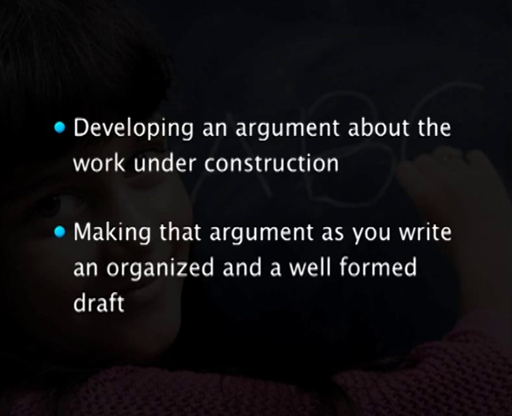Secondly, making that argument as you write an organized and well-formed draft. The discussion that has been carried out in the class has already brought out the meaning of these features. So, the terms used in the inventory of features do not pose any conceptual problem for the students.